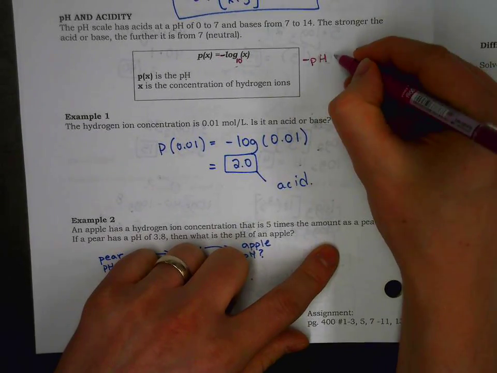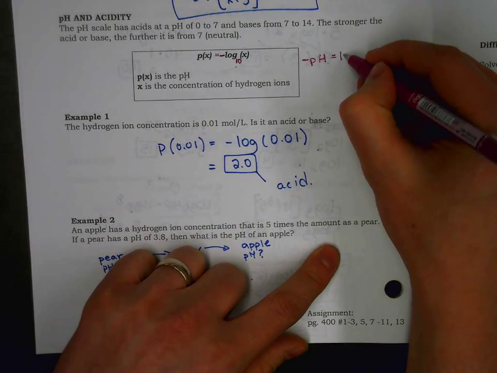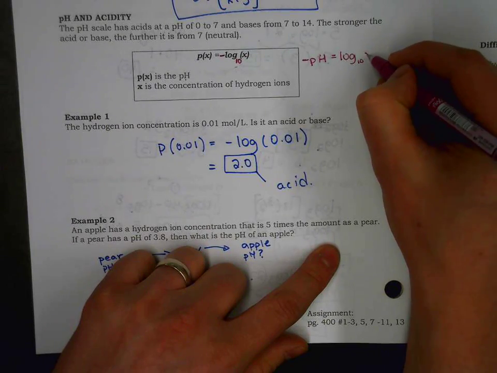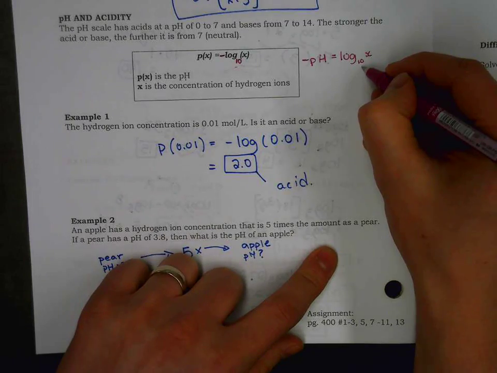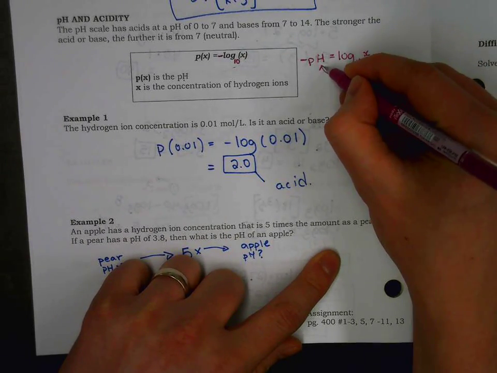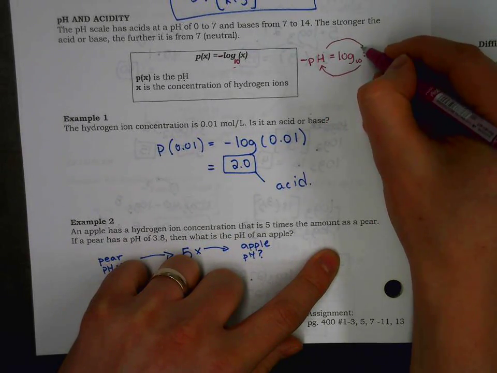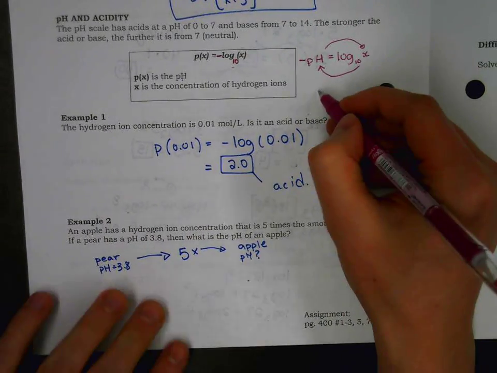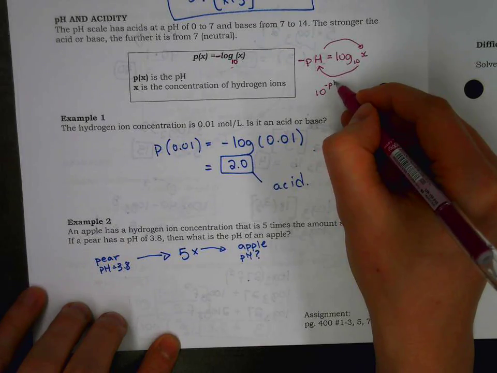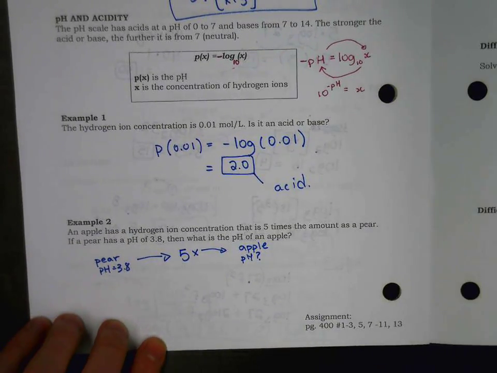So we move the negative over to the other side. Negative pH is log base 10 of X. Now if you've done chemistry, when I say 10 to the negative pH is your hydrogen ion concentration, you've seen that before. So we're going to do 10 to the negative pH to get our hydrogen ion concentration.